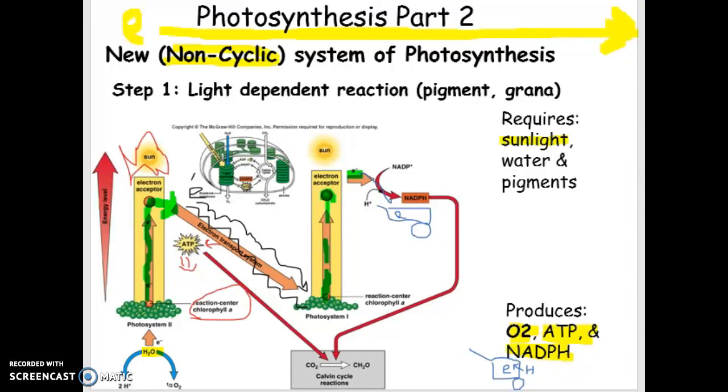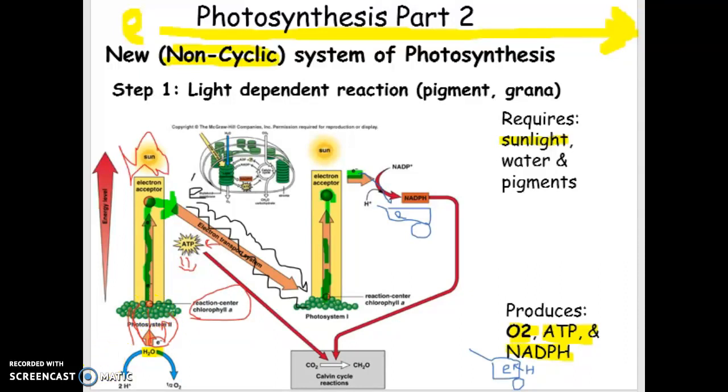It's a thing called hydrolysis or photolysis, breaking of the water bonds. And when you break the water bonds, the electrons get released, and those go up into this group of pigment molecules. So there's your constant supply of electrons, by busting out the water and putting it into this group of pigment molecules.